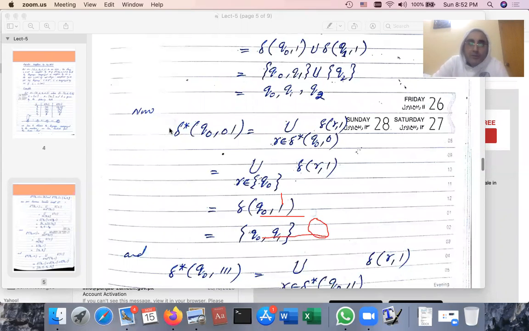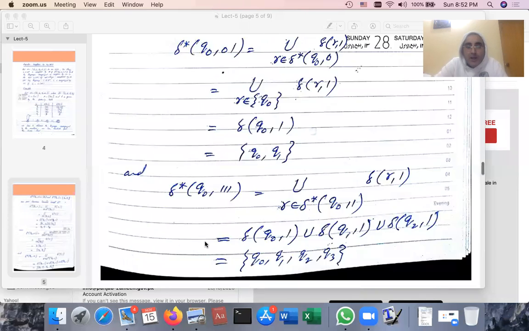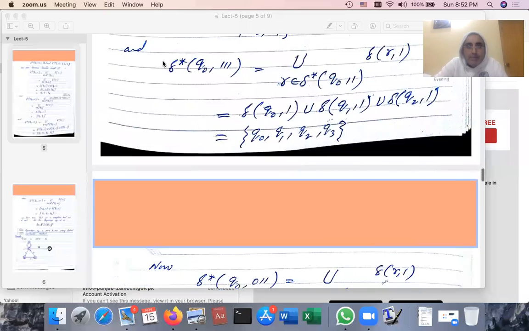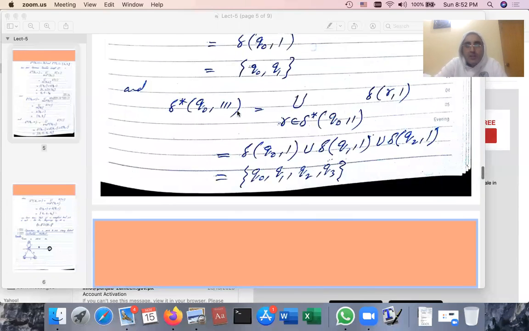And now you can study this example by yourself, and I am reading this part because it is approaching Q3 with this example 111.